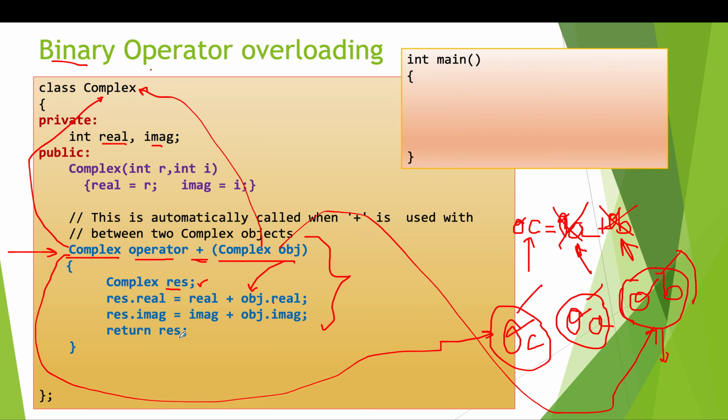When it returns the object res, it is actually returning two values, res.real and res.image. Generally a function can return only one variable at a time. So the function is very smart: instead of returning one integer or float variable, it returns one object, and that object has two variables within it, res.real and res.image.